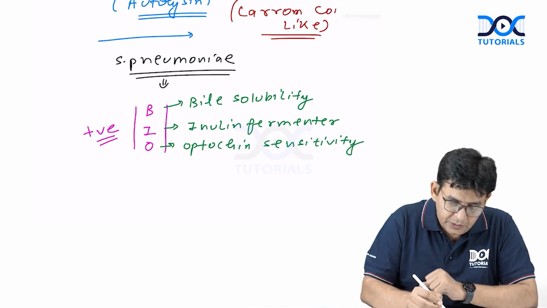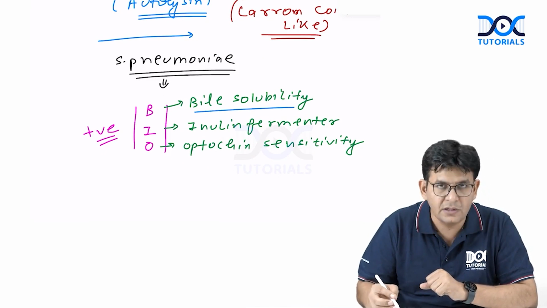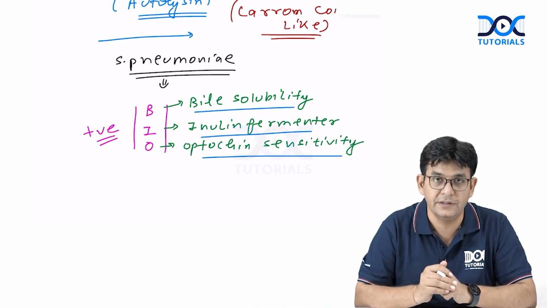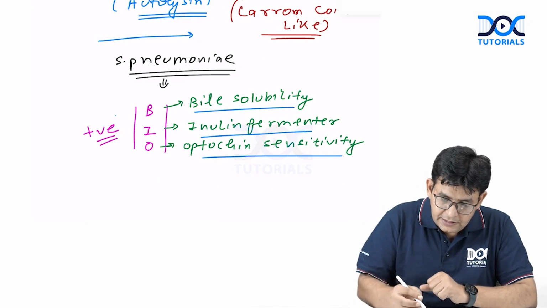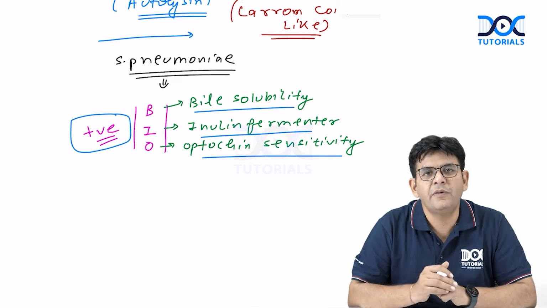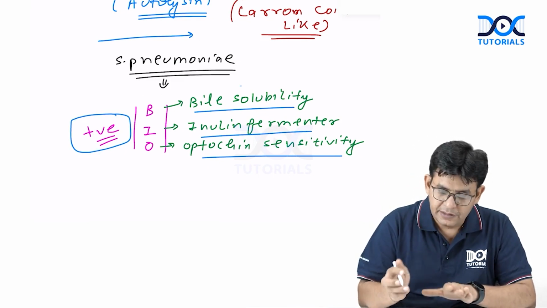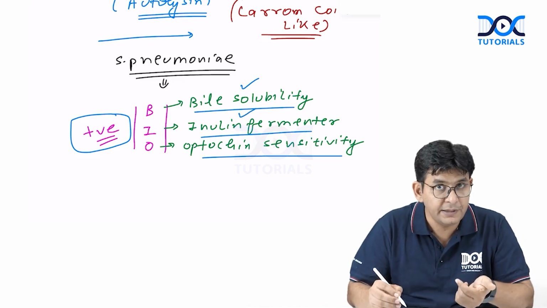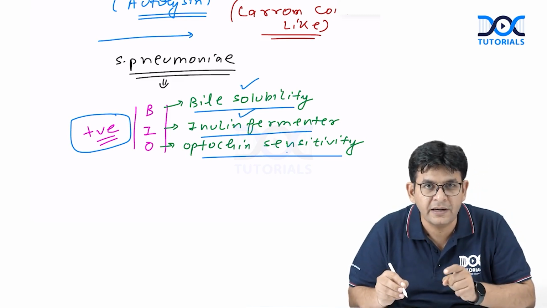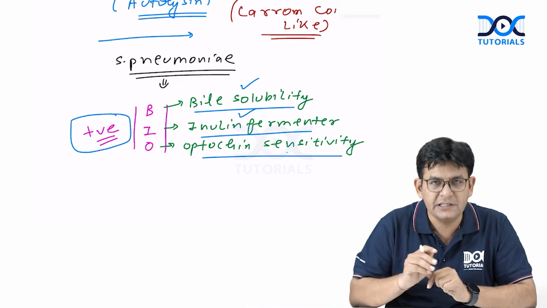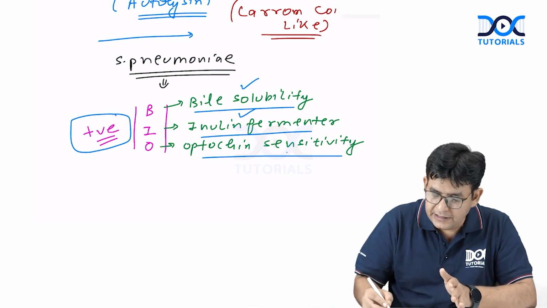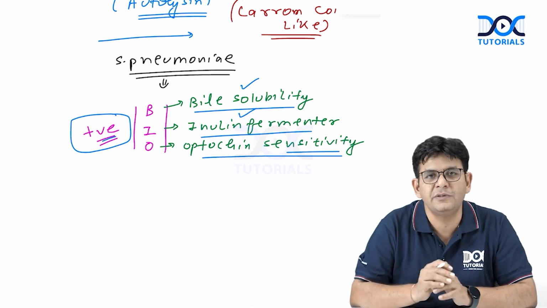So this particular Streptococcus pneumoniae is bile soluble, inulin fermenter and optochin sensitive. Means it is positive for all these reactions. It is soluble in bile. Inulin fermenter, it ferments this polysaccharide, inulin. Optochin sensitive, optochin means it's a drug, ethyl hydrocupreine. It is sensitive to that.